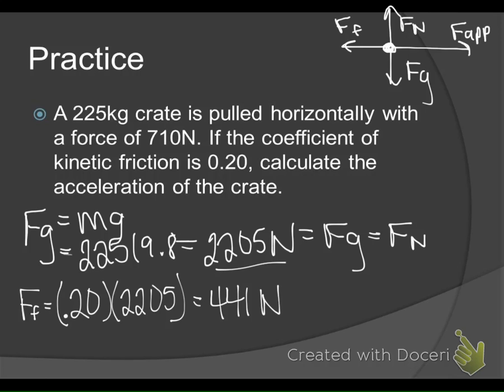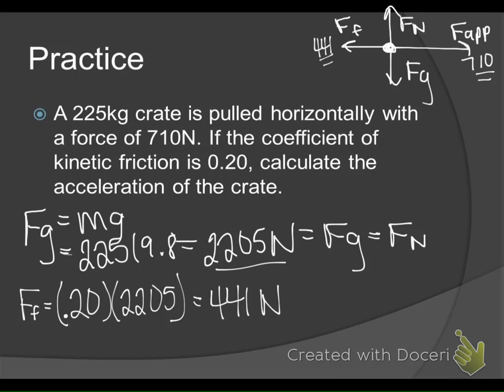That's our frictional force. So now we have numbers for our applied force, which was given to us at 710, and we have numbers for our frictional force, which we calculated to be 441. Those are our left and our right forces. So now we want to solve for acceleration.